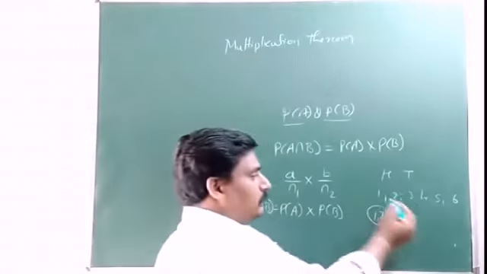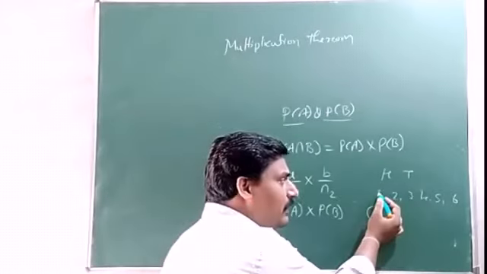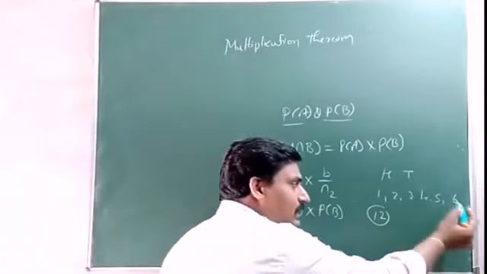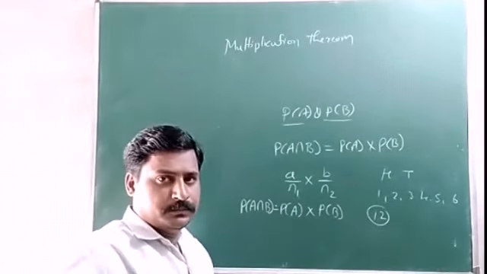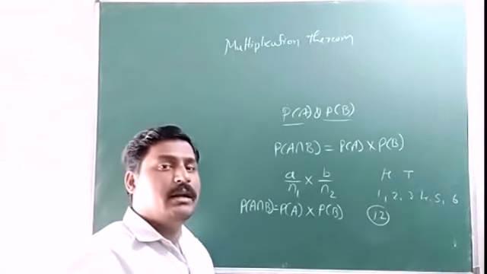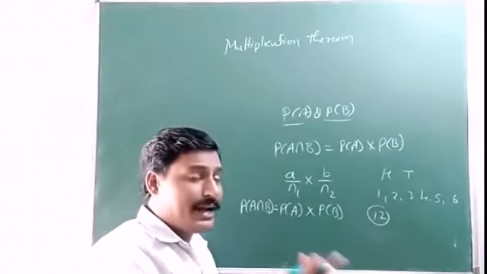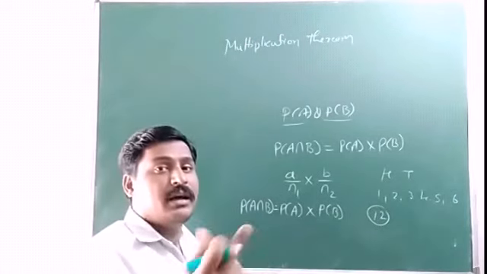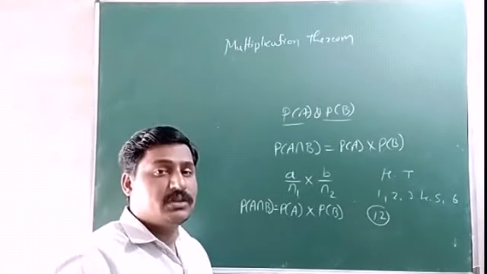Head will appear along with any of these 6 outcomes: head and 1, head and 2, head and 3, head and 4, head and 5, head and 6. So 6 outcomes.